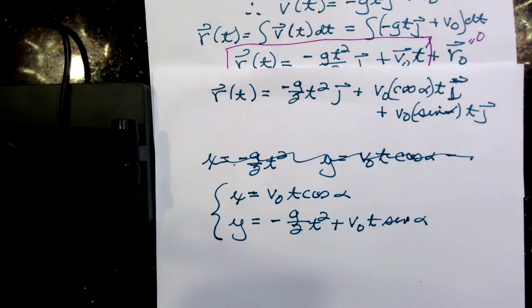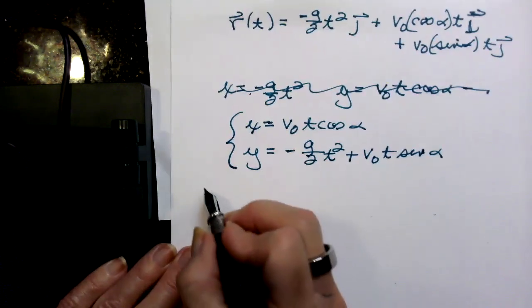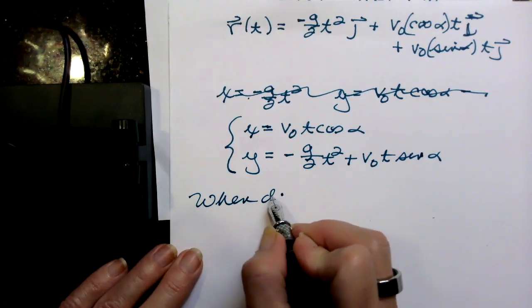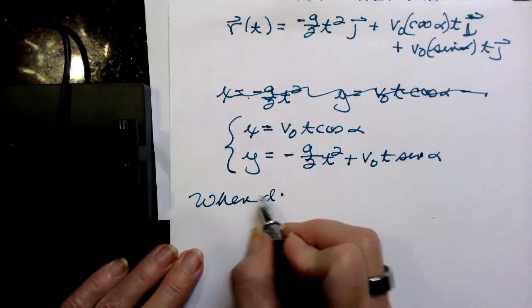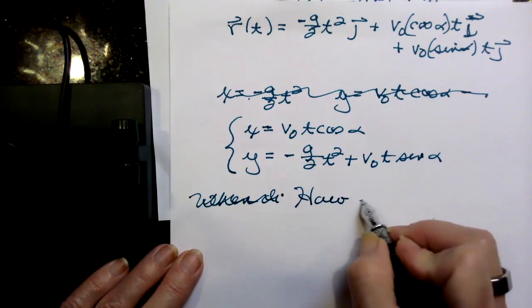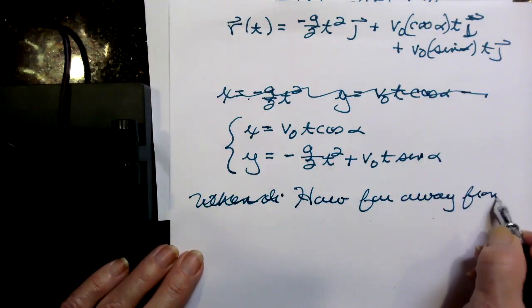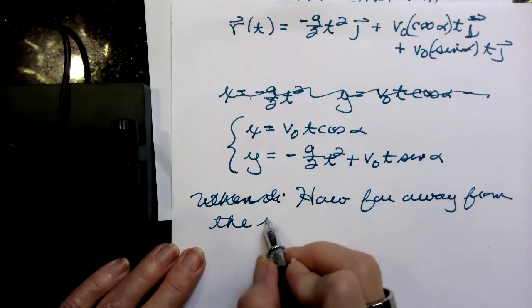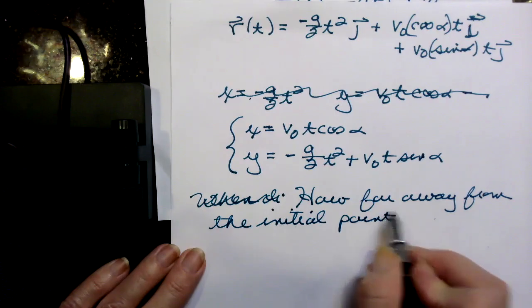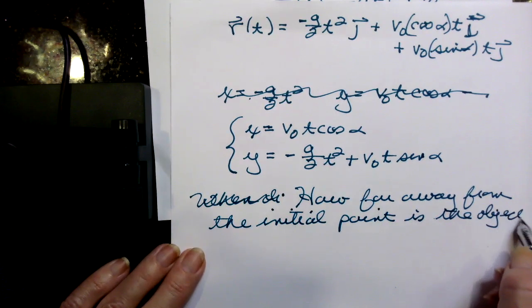Okay, so now let's ask another question. When does the object hit the ground? Well, let me phrase it differently. How far away from the initial point is the object when it hits the ground?